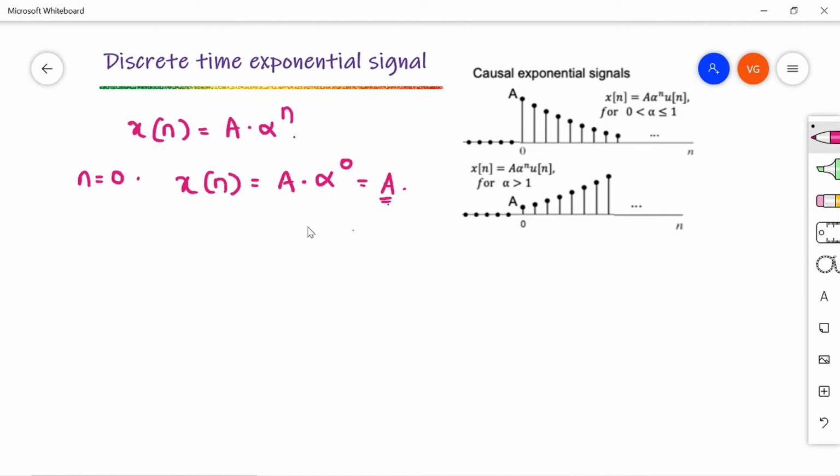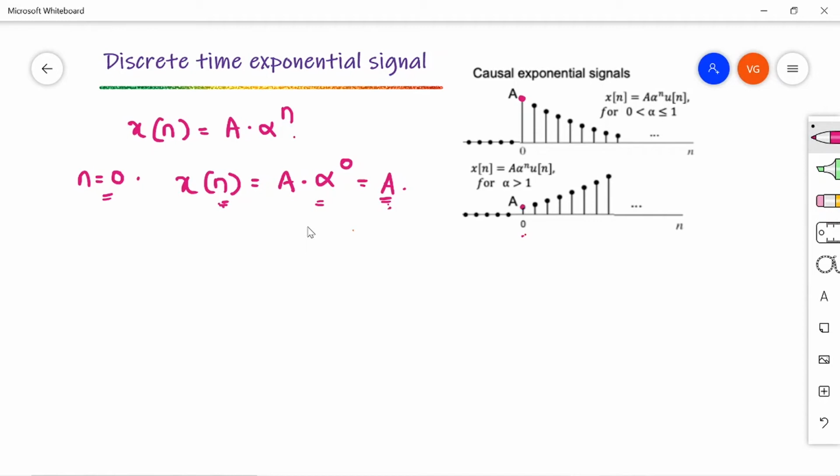So irrespective of the value of alpha, for x of n when n is equal to 0, you have an amplitude of a. See here in the first picture, at n is equal to 0, you have an amplitude of a. Again in the second picture also, at n is equal to 0, you have an amplitude of a.